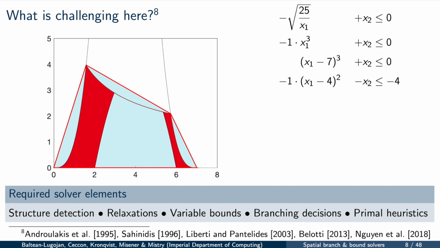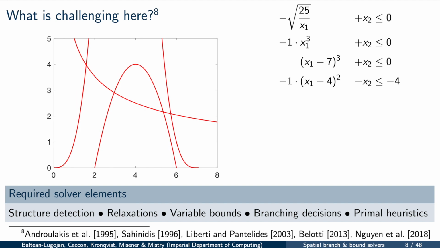Let's go back to our original constraints. Now let's think about what would happen if I develop a convex relaxation of each one of these individual constraints. Instead of staying below that first red line, I'm going to stay below this blue line.